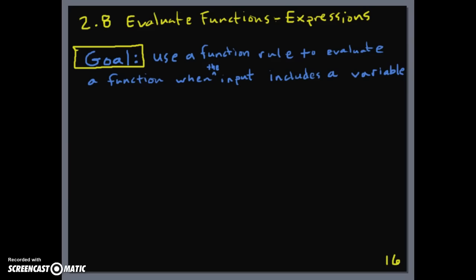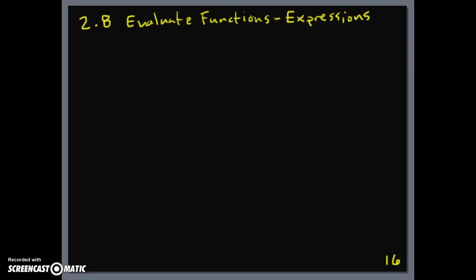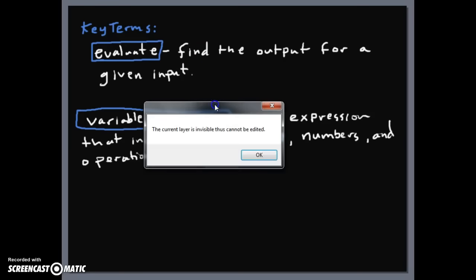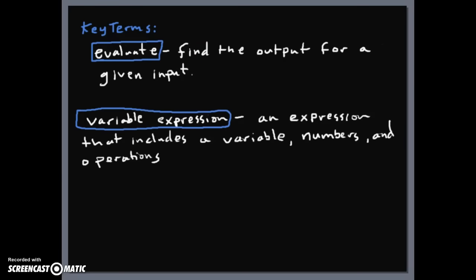So a couple key terms today before we begin. We've got evaluate, which we know how to do, but the formal definition of evaluate is to find the output for a given input. So if you're evaluating something, all you're doing is using the input that it gives you to find the output that matches with that input.